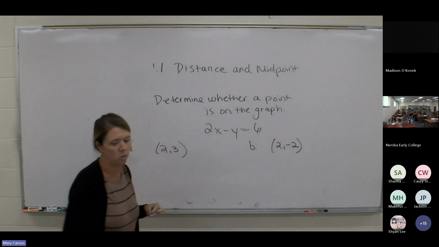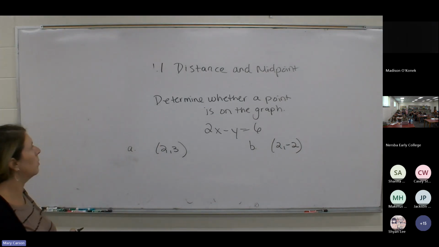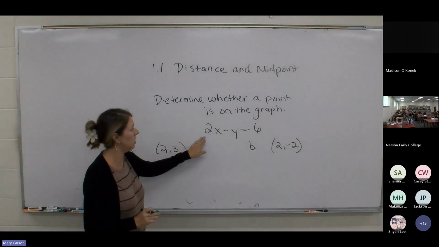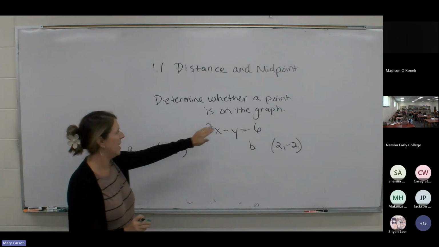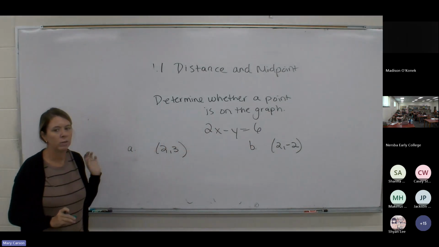All right, so this is just another part of what's in the section, being able to determine whether a point is on the graph. I give you an equation, 2x minus y equals 6, and I give you the ordered pairs (2, 3) and (2, -2). And I want you guys to be able to tell me whether these points are on the graph.